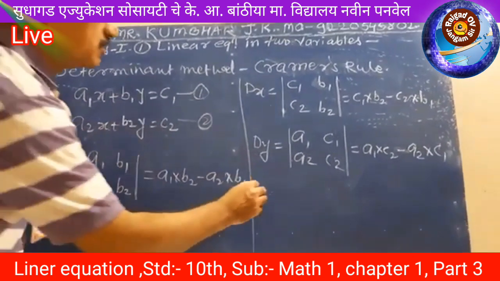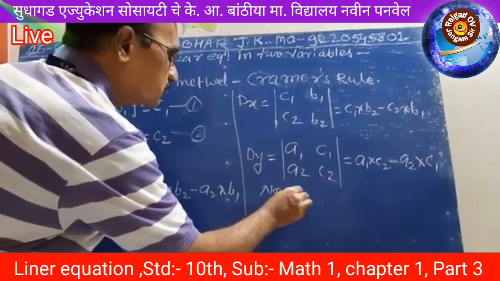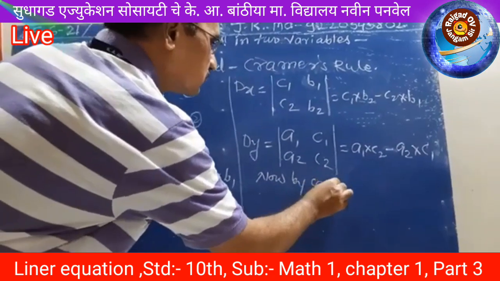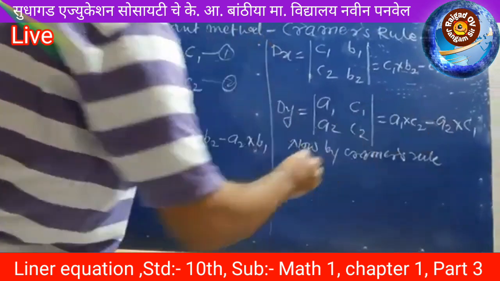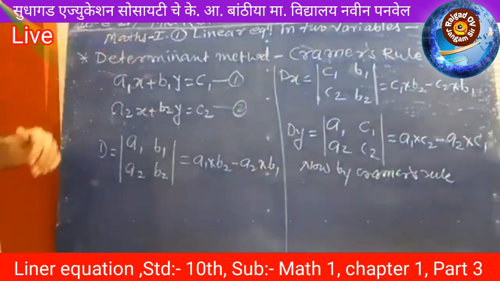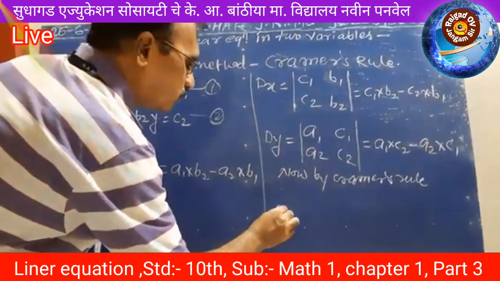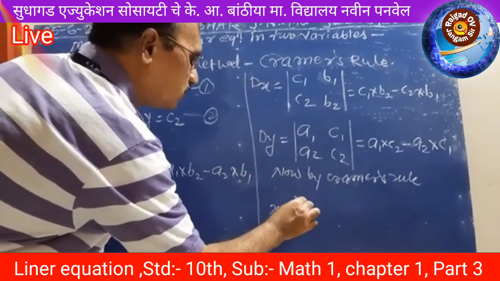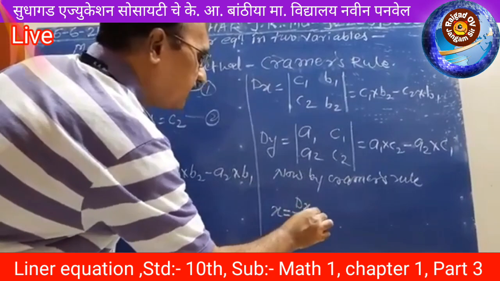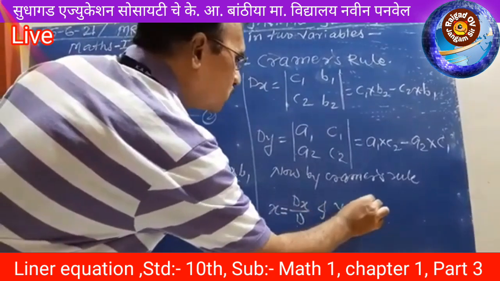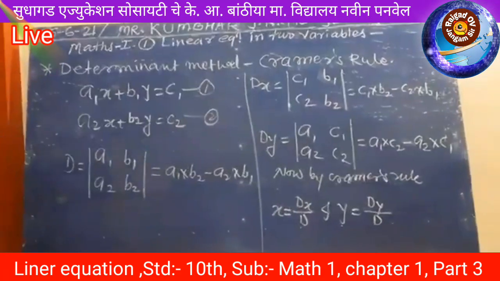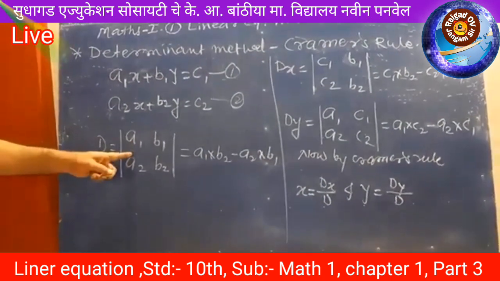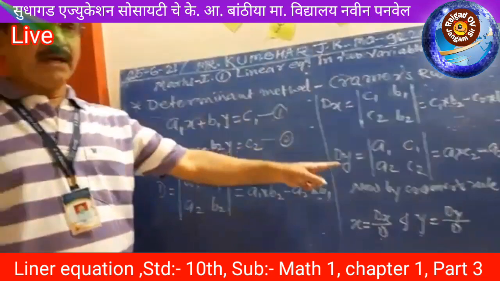Now by Cramer's rule or by determinant method, we have to find x. X is equal to Dx by D and y is equal to Dy by D. That means we have to remember the formulas for D, Dx and Dy.